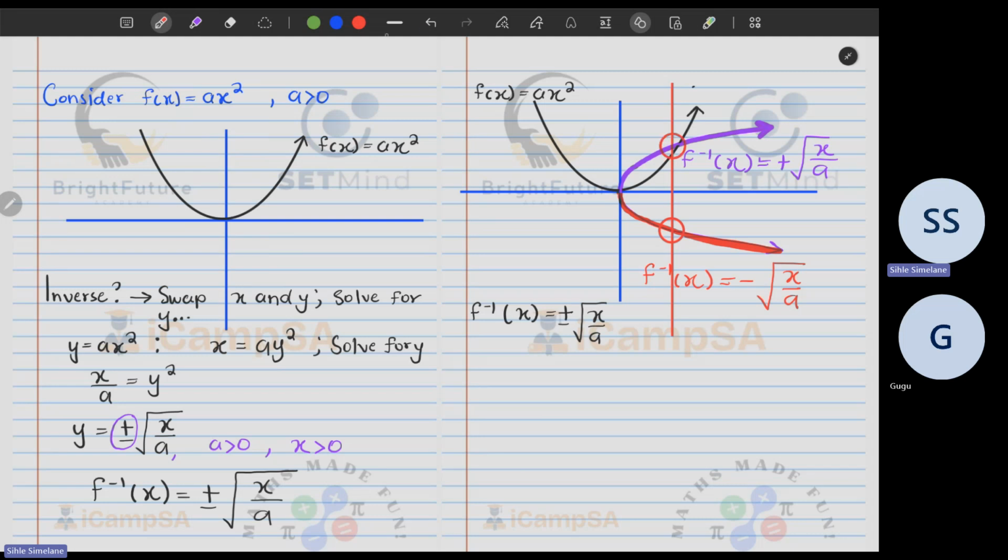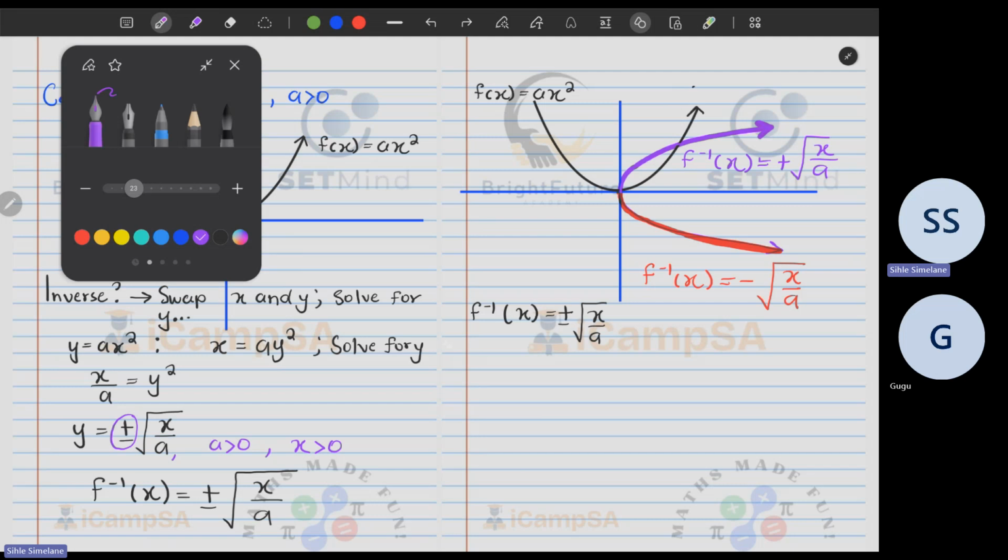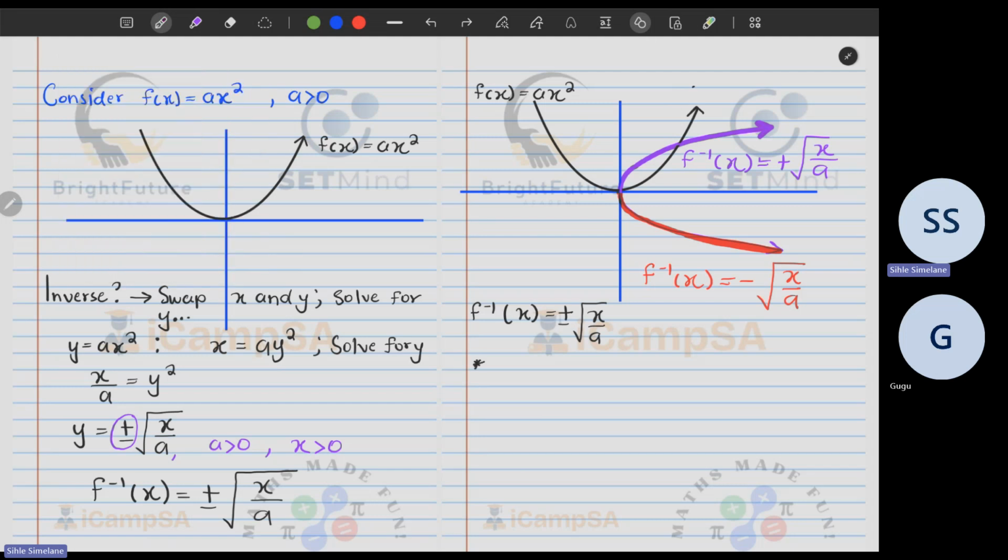So how do we make it a function? How do we make the inverse f minus 1 of x a function? It must pass the vertical line test.